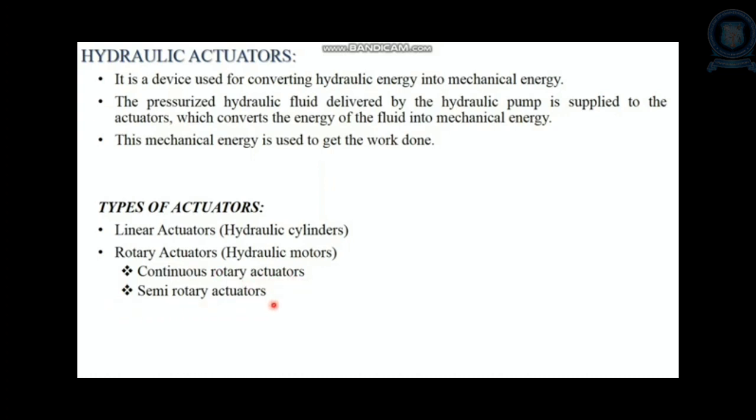By definition, in linear actuators the hydraulic energy is converted into linear movement. In rotary actuators, the hydraulic energy is converted into rotary movement. It may be semi or continuous rotary movements.